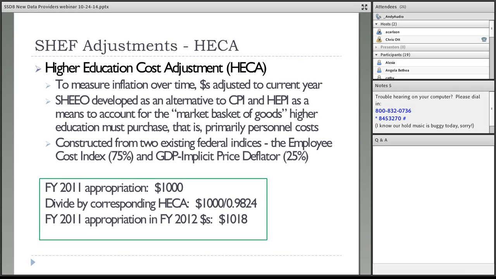So let's say for the 2012 report, we would have an appropriation of $1,000 in 2011. We would divide that amount by HECA for that year, which is 0.9824, and then that takes it up to 2012 dollars of 1,018. So over the course of a year, your $1,000 appropriation is inflated $18 to get to the next level.